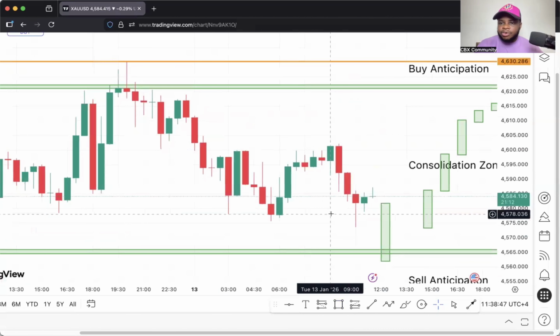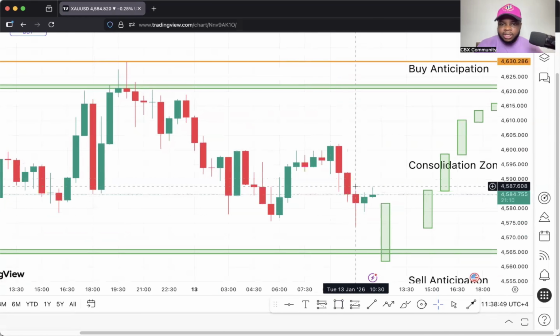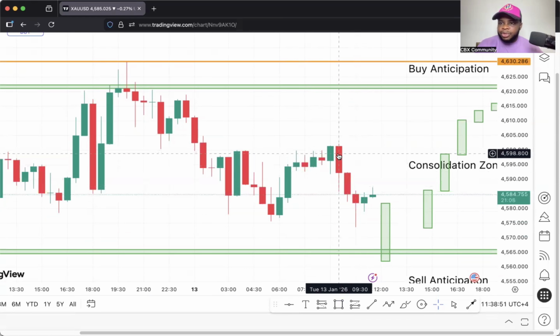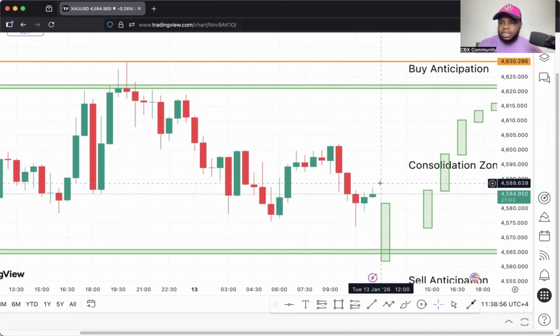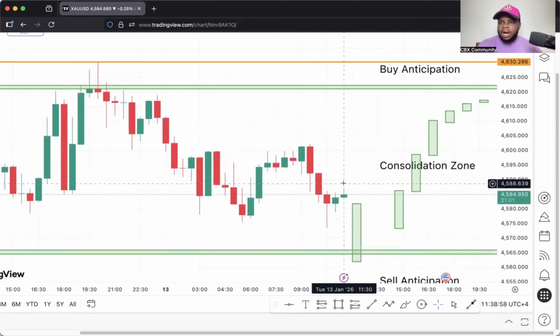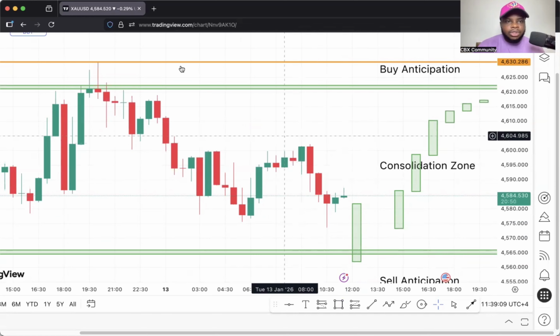So looking at the formation of this recent candle over here, we have volume in pre-London and London open. So sometimes maybe after 1 hour or 30 minutes or 2 hours before you see volume, we come to the market. But as of now, we don't need to do anything. All we need to do is just be patient.